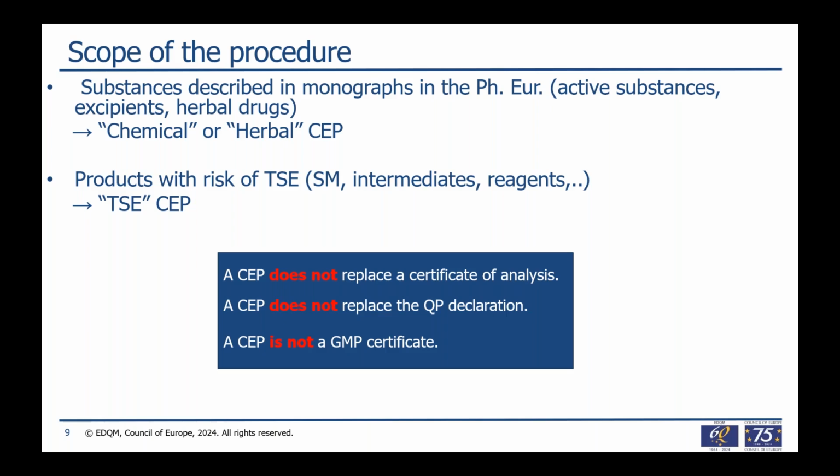Transmissible spongiform encephalopathy or TSE certificates can be issued for any substance for which there is a risk of TSE, as described in the European Pharmacopoeia General Chapter 5.2.8. And in this instance, there is no need for the substance to be covered by a specific monograph, and so this will lead to a TSE CEP.